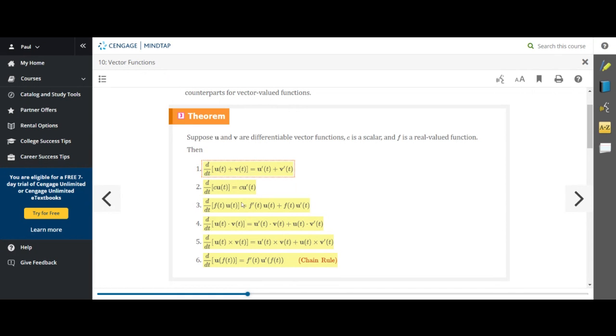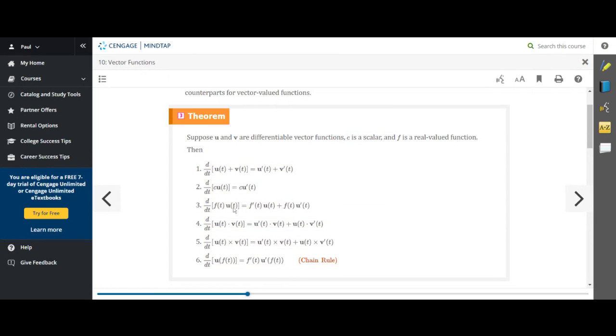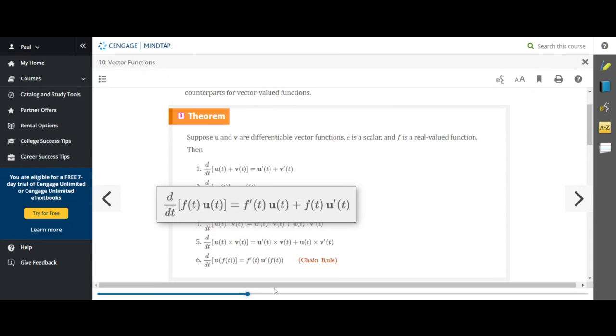This third rule just says if you take a vector function and multiply it by a scalar function, f of t, that's the rule. And it basically follows the product rule. Right, scalar function. That's right, Yunus.